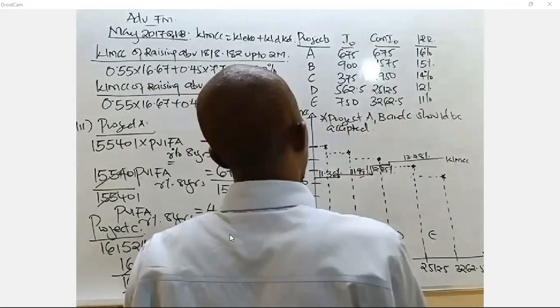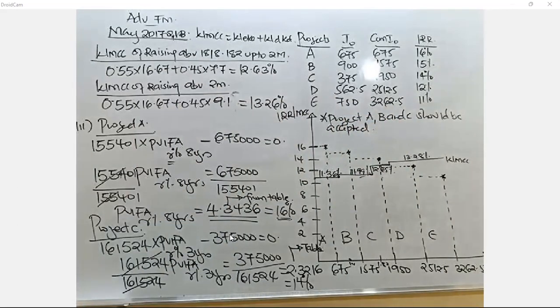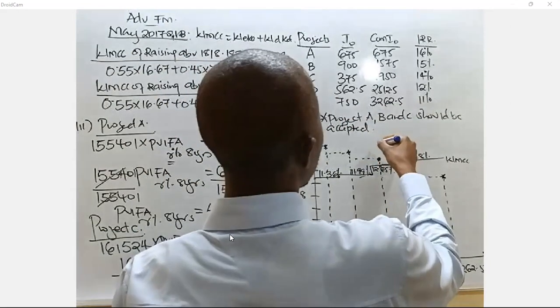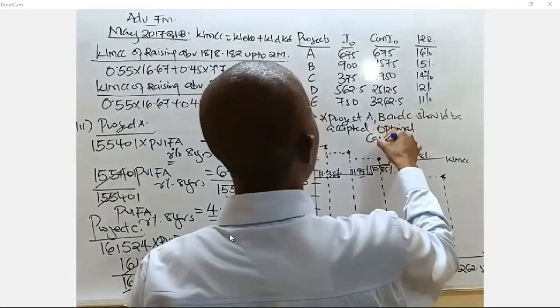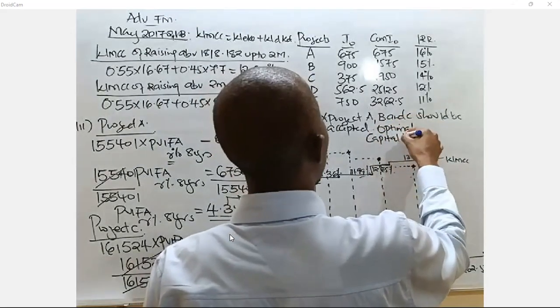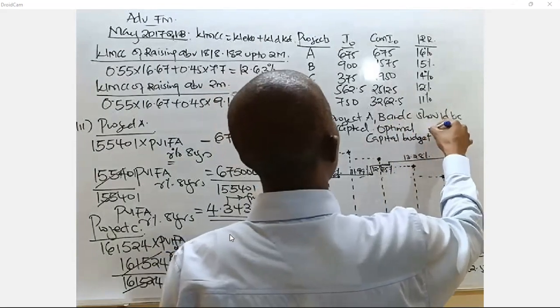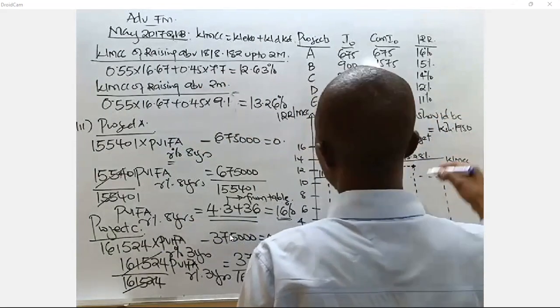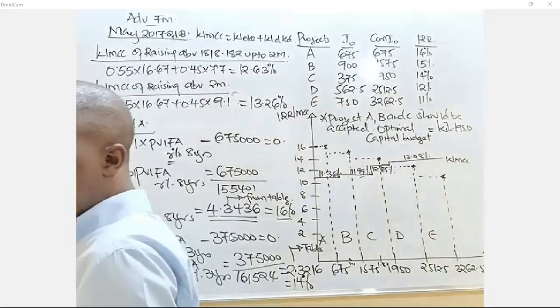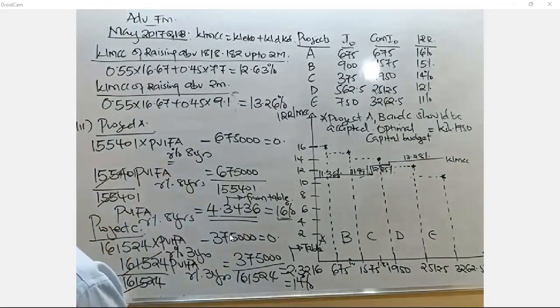Then when you look at the optimal capital budget, the capital required to carry out the three projects should be around Kenya shillings 1950. And that is how you normally do the questions of WMCC.